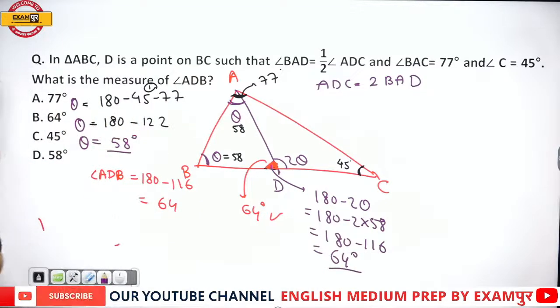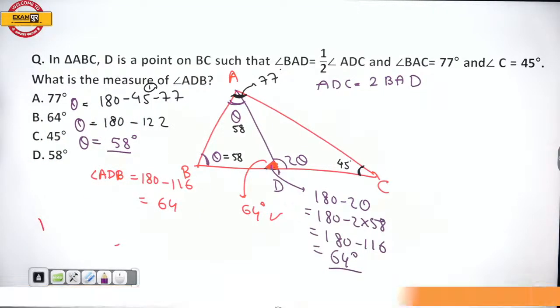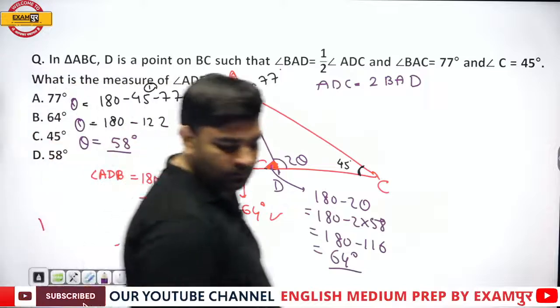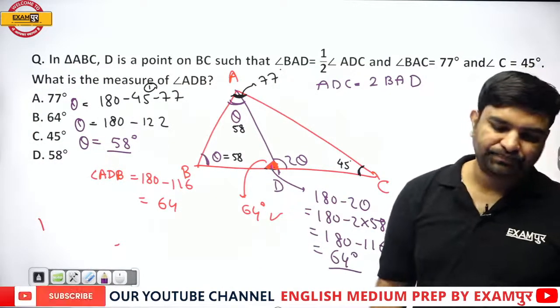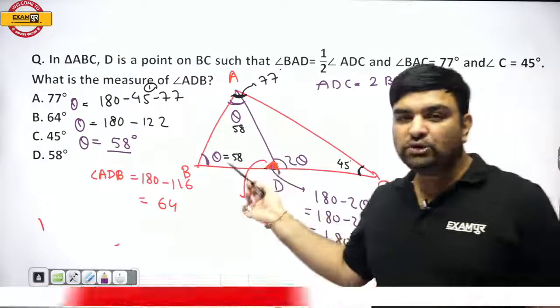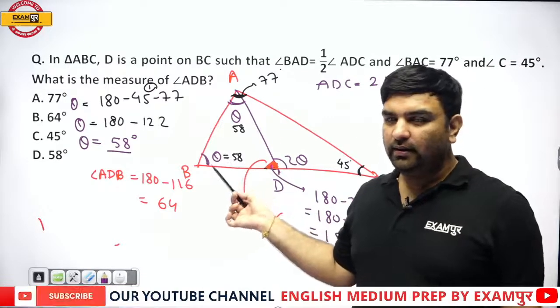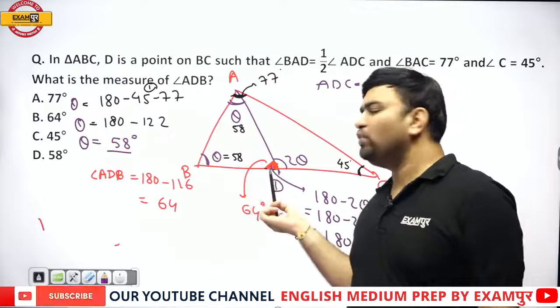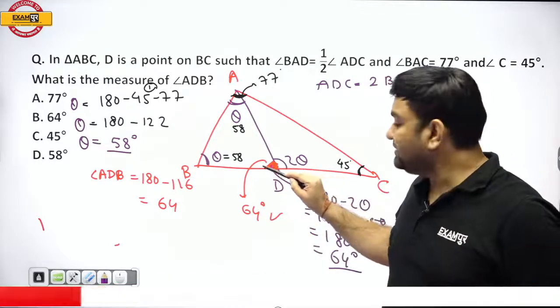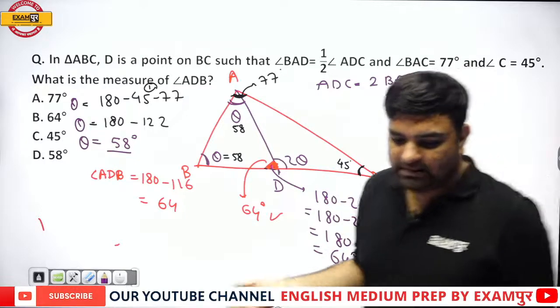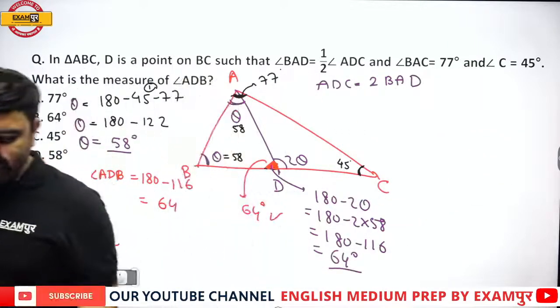Is this better now? Once you find out that theta is equal to 58, if this is 2 theta, this is 180 minus 2 theta. As simple as this.